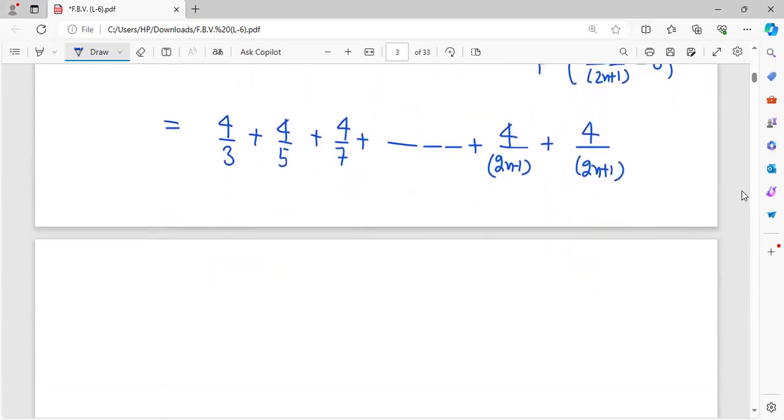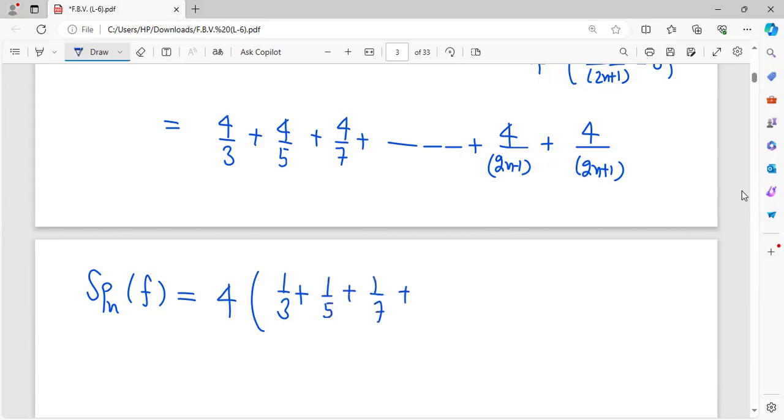Now you can take 4 outside. So S(P_n, f) is nothing but 4 times (1/3 + 1/5 + 1/7 and so on, 1/(2n-1) + 1/(2n+1)).